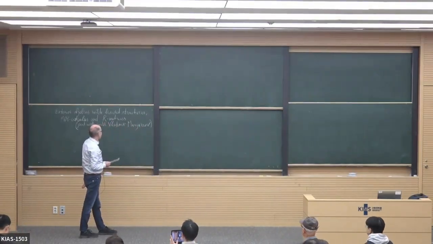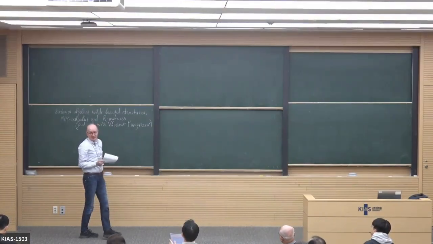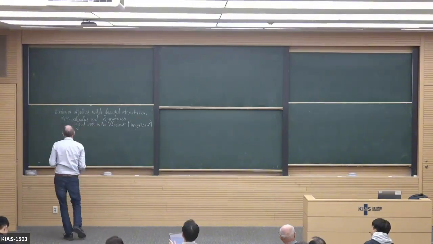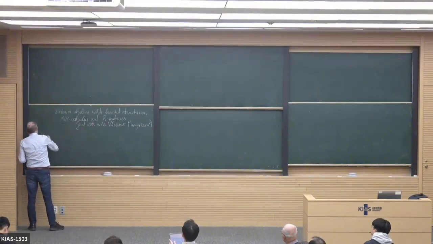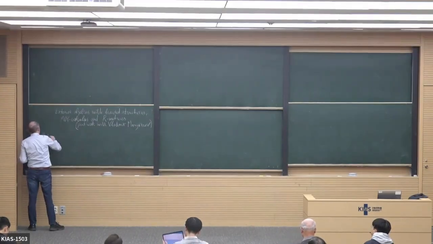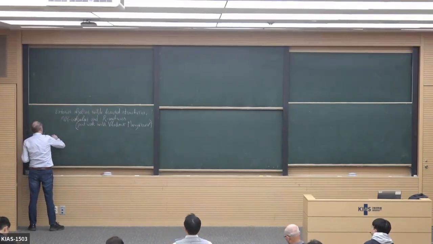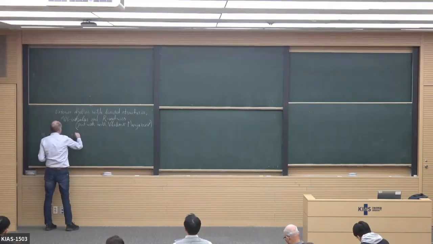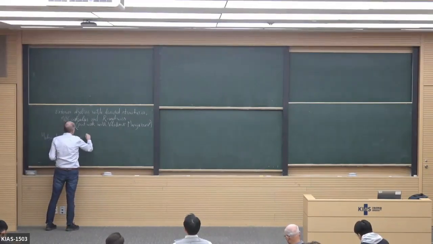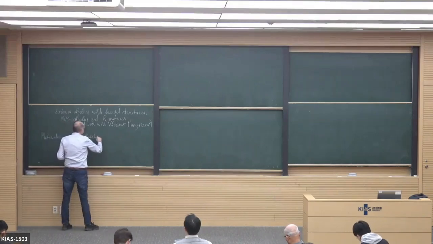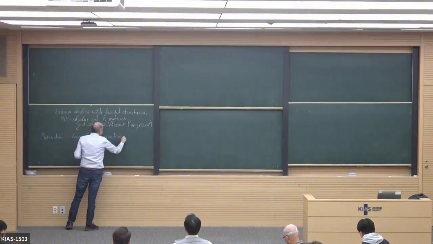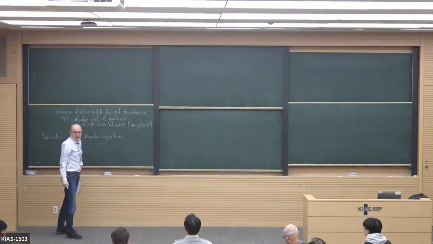So my talk will be about R-matrices. The main motivation is R-matrices. I recall to you that an R-matrix is a solution of the Yang-Baxter equation. Why are we interested in the Yang-Baxter equation?